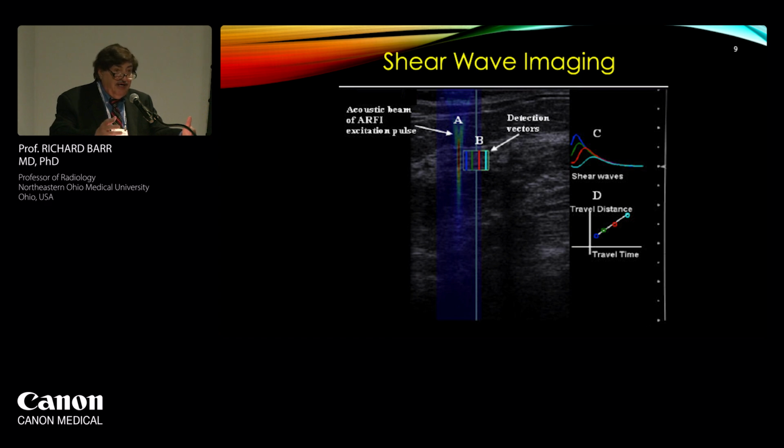And the WFUMB guidelines, the World Federation of Ultrasound in Medicine and Biology guidelines, that were published in 2018, have a little bit more information. And within the next 6 months, hopefully, we're going to have another guideline that comes out with the World Federation that will bring us up to date on new findings. And the WFUMB guidelines will adopt the SRU cutoff values.